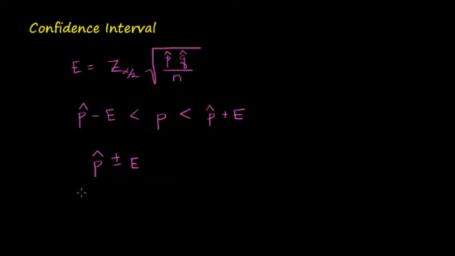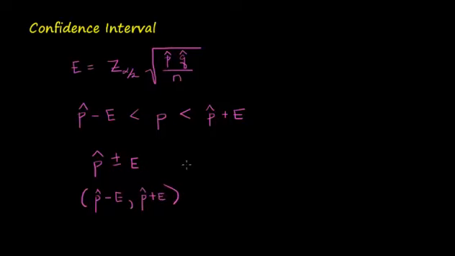Or we can also write it as an interval in interval notation. Here's an interval. Lowest value is P hat minus E, comma, to your highest value, P hat plus E.